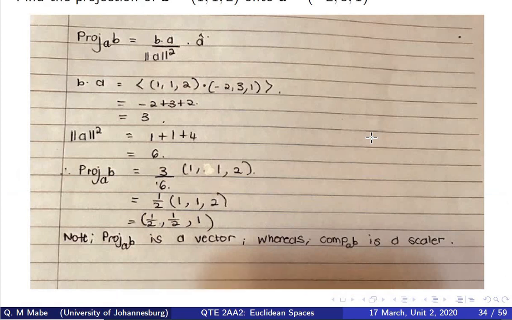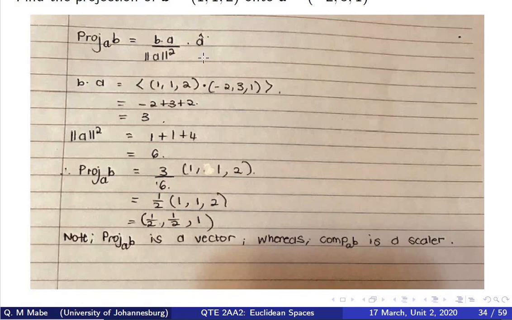So in this example here, we need to find the vector projection of B onto A, right? The vector projection of B onto A is given as this according to the formula. I only have the A hat here to show that A is a vector.